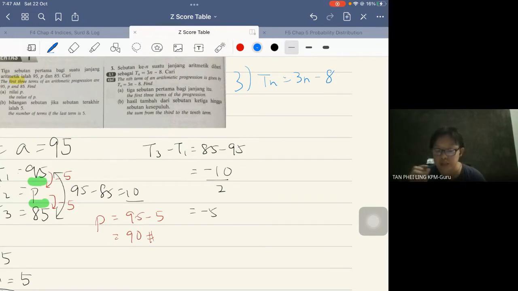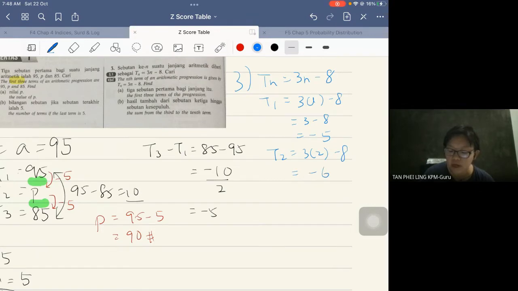They want to know T1, T2, and T3. They don't want the sum. So now you have to find T1, the first term. It will be 3 times 1 minus 8, which gives 3 minus 8, and you are getting negative 5. T2 will be 3 times 2 minus 8, so it will give you negative 2.